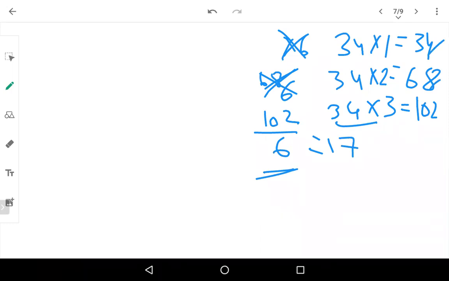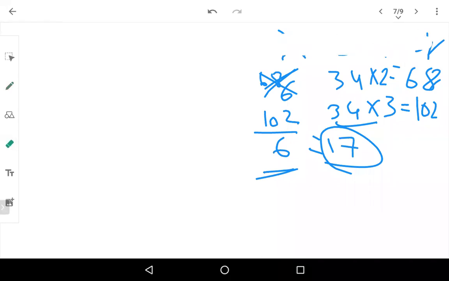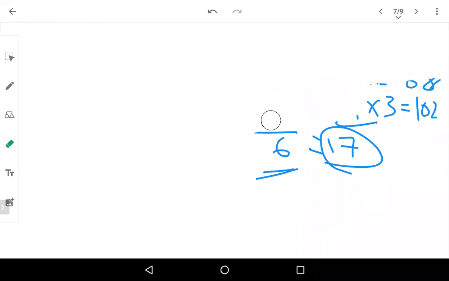Threes are 102. That is divisible by 6, with a multiple of 17. If you get decimals, do not consider that. If you divide 68 by 6, you will get a decimal, so don't consider it. You should get a whole number. Fine. So now let us solve the equations simultaneously.